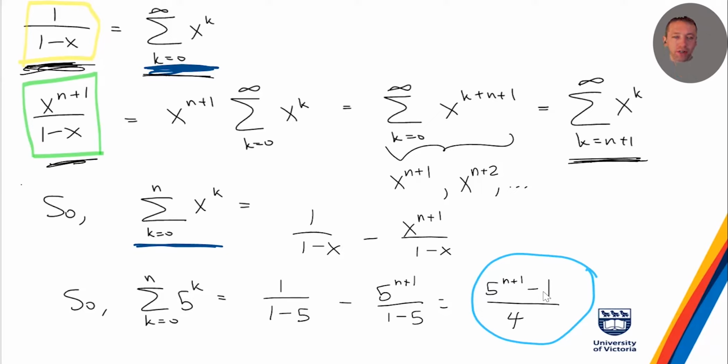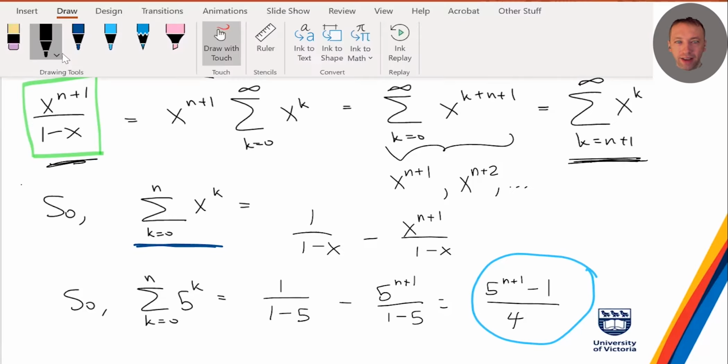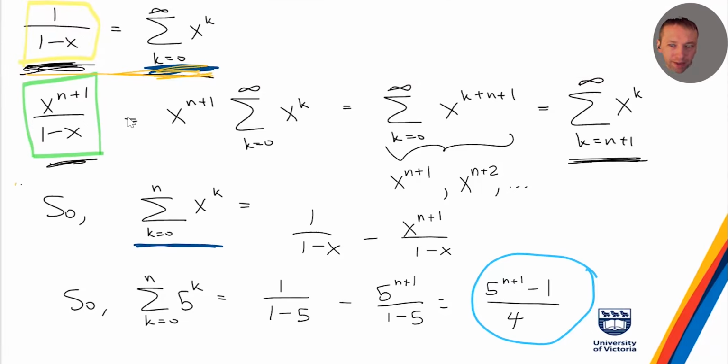One thing I want to briefly highlight is that if I take this infinite sum and try to plug in 5, it would just give me infinity, so you can't plug in x equals 5 here. Likewise, you also can't plug it in here because that will also give me infinity.